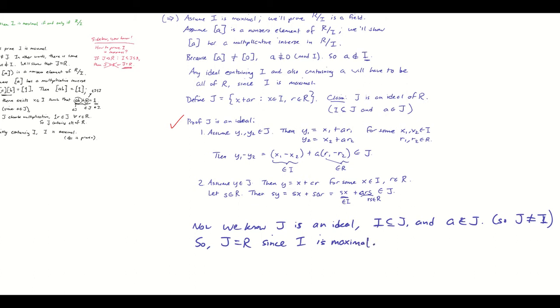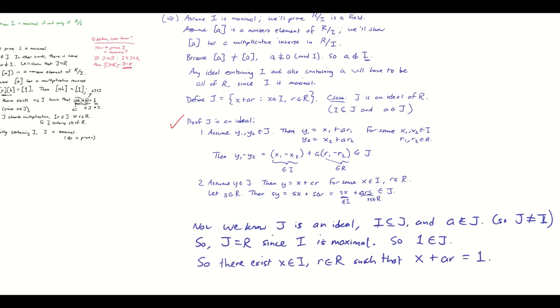All right, so since J is R, we know that 1 has to belong to J. So that means there exists some x belonging to I and some r belonging to R such that x plus a r is equal to 1.